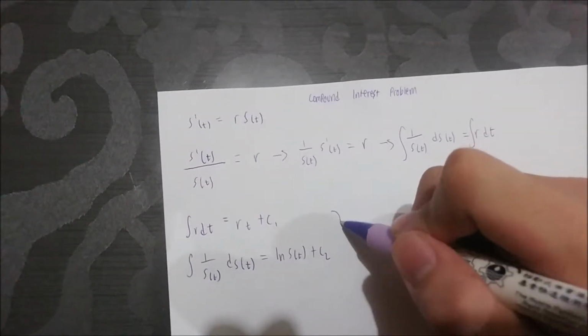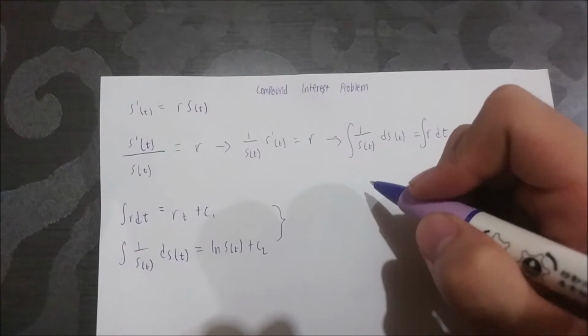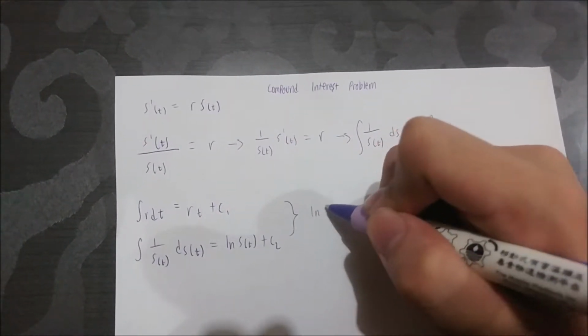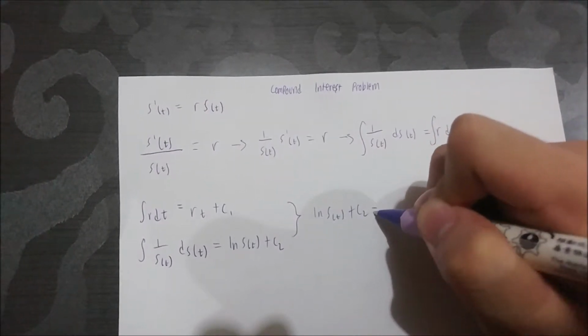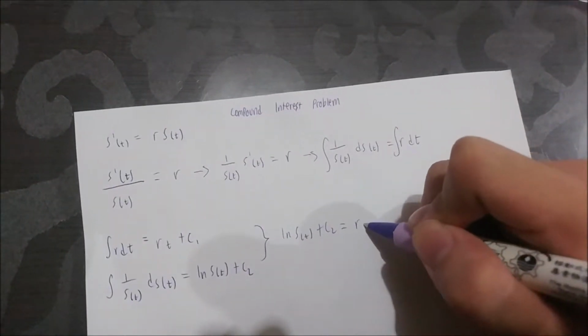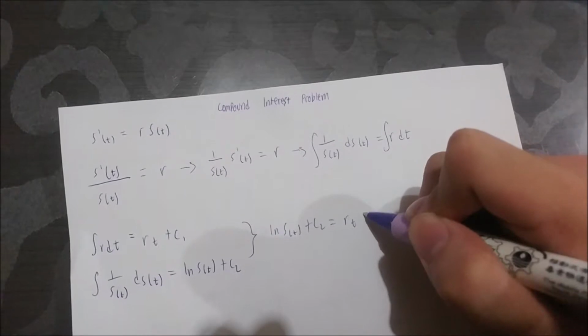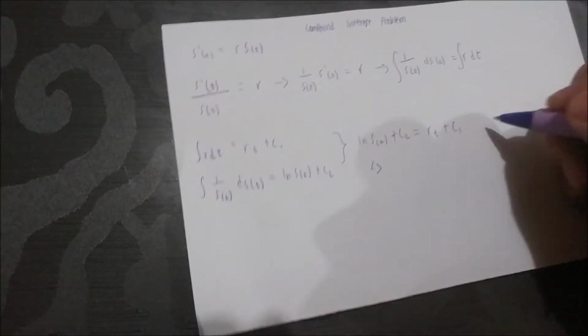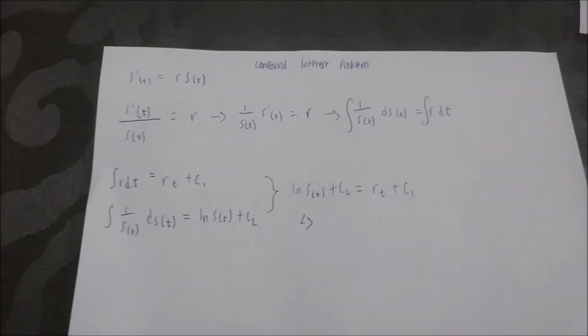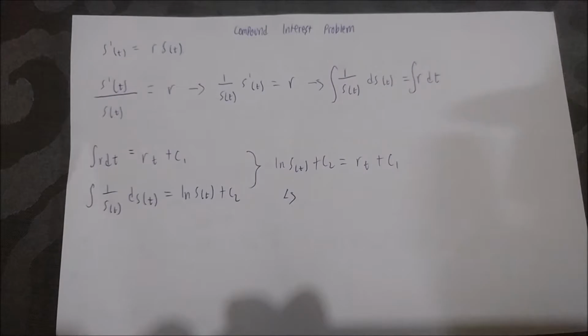So let's combine them both. That is going to be the ln of s of t plus c2 is equivalent to rt plus c1. Now what we are going to do here is combine both the c's.